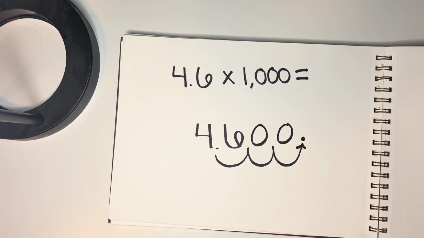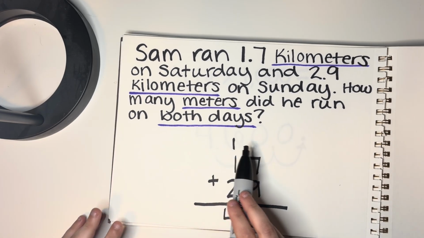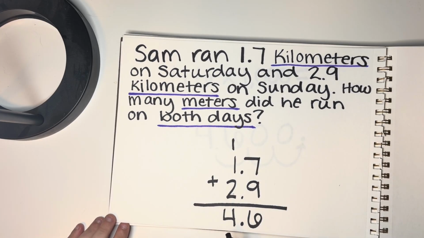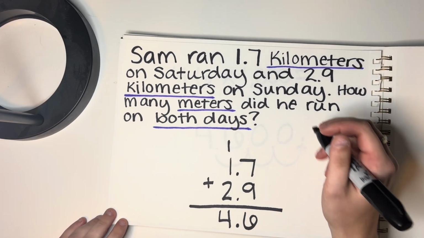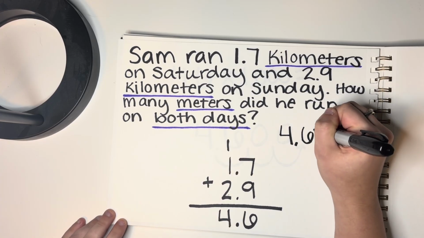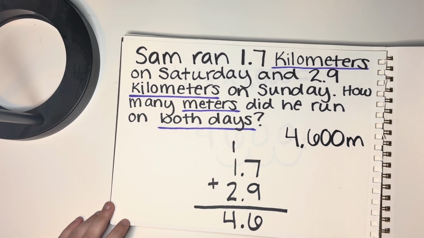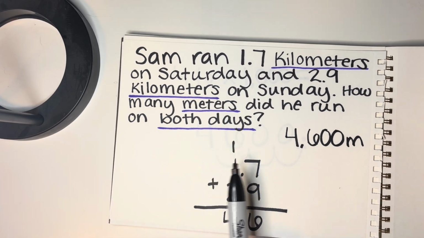So going back to my story problem, I am aware now that on both days, a combined total of both days, Sam ran 4,600 meters.